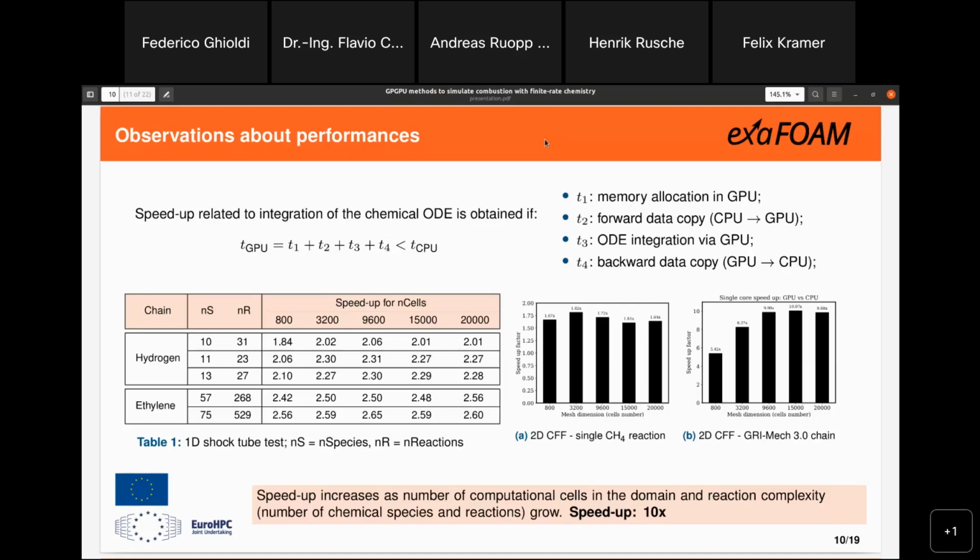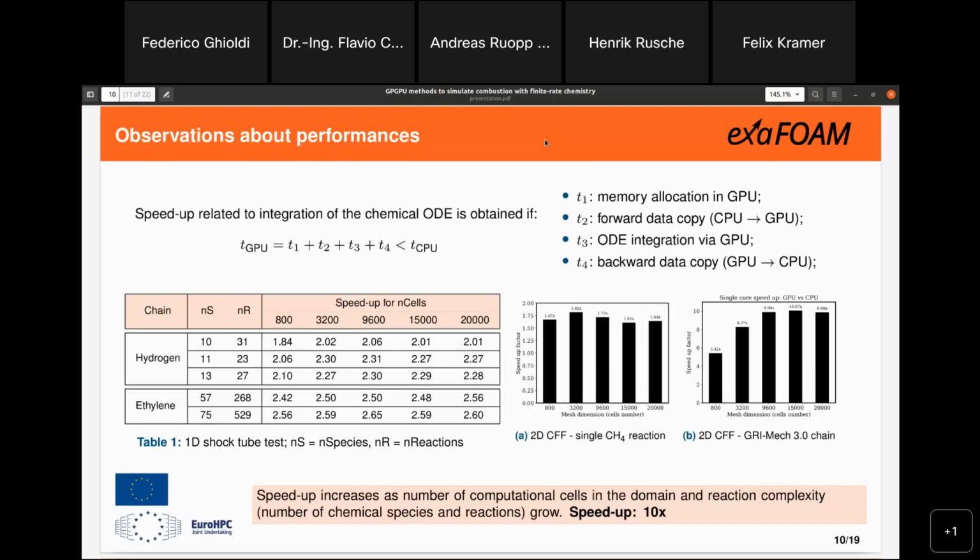Why am I saying that there are 4 times that need to be combined together? Because in CPU, you don't need to manipulate the data, allocate the memory, and copy the data forward and backward from the CPU to the GPU, because you are only relying on the CPU.